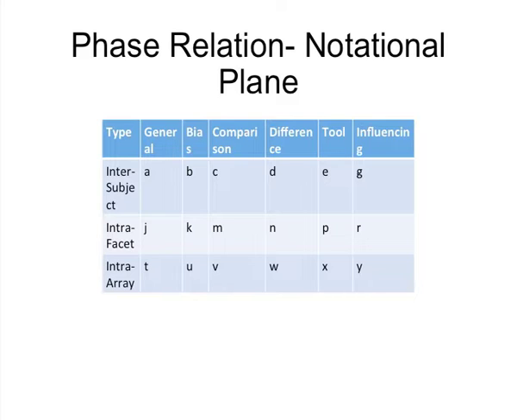For the comparison relationship we make use of small c, for the difference relationship small d, tool relationship small e, and influence relationship small g. So, you might be confused, I said 0 and ampersand in 7th edition. In addition to that, I have given you small letters also. So, what do you do? You join the two phases by 0 and this small letter.